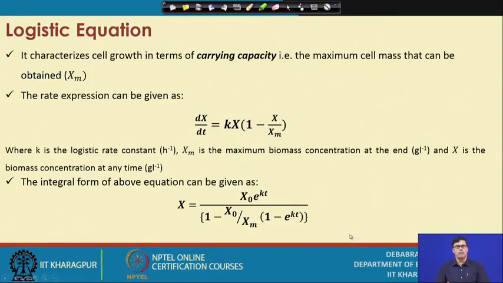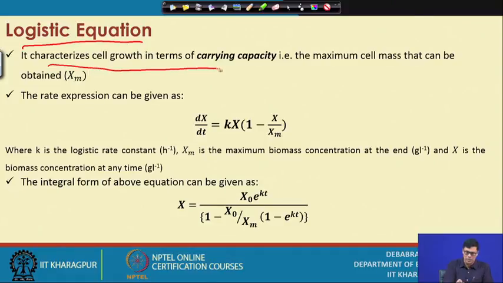Now that we have discussed the Monod equation for cell growth kinetics, it can also be explained with the help of another equation, what you call the logistic equation. It characterizes the cell growth in terms of carrying capacity, that is the maximum cell mass that can be obtained.